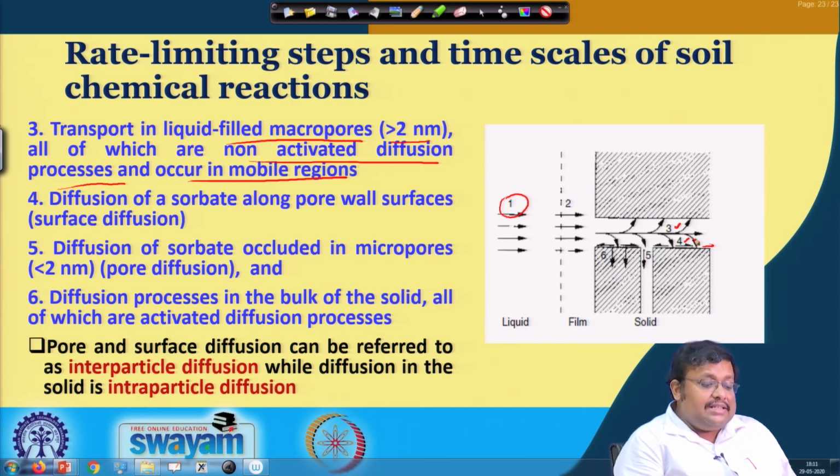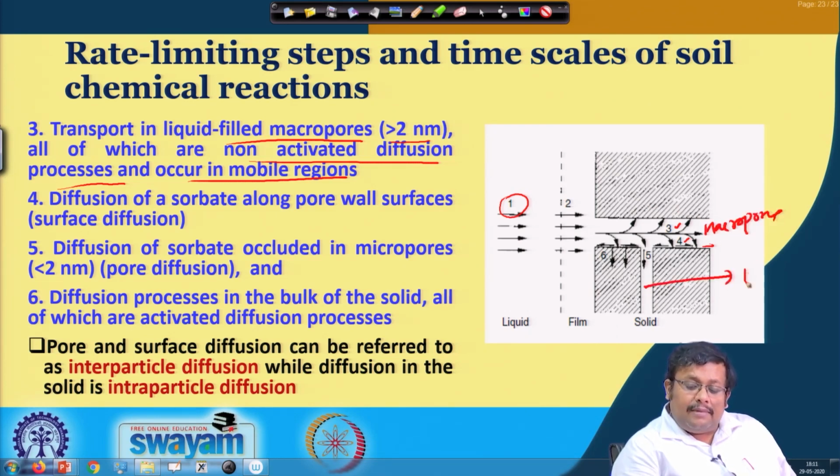The fifth one is diffusion of sorbate occluded in the micropores which are less than 2 nanometer, that is called pore diffusion. If this is considered as a macropore, this is an example of micropore. So, soil contains both macropores and micropores.